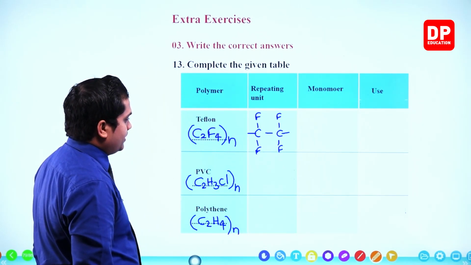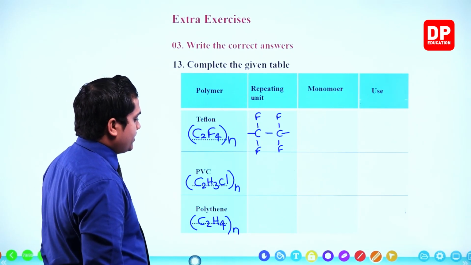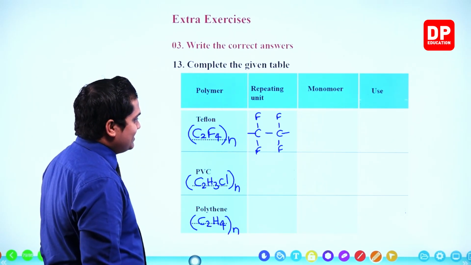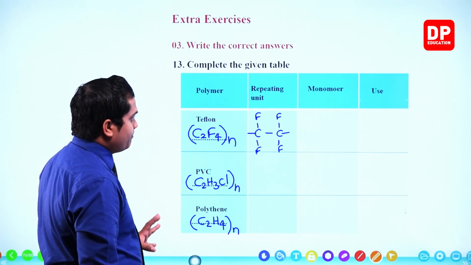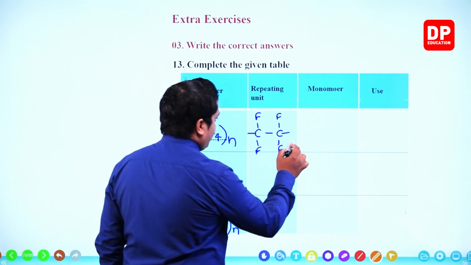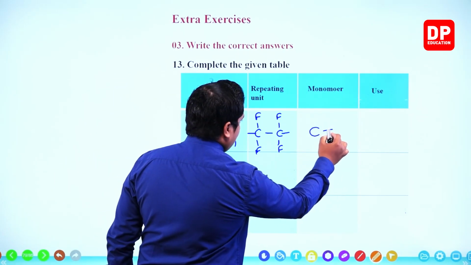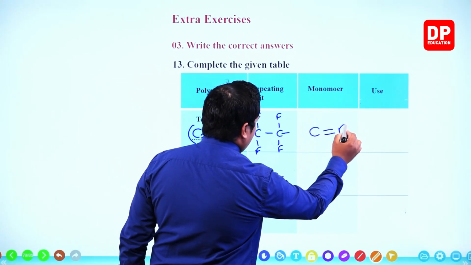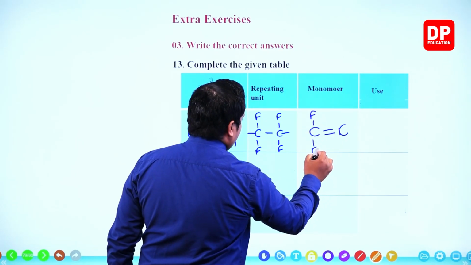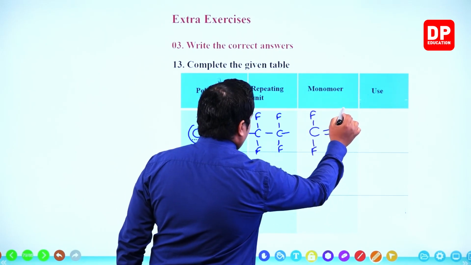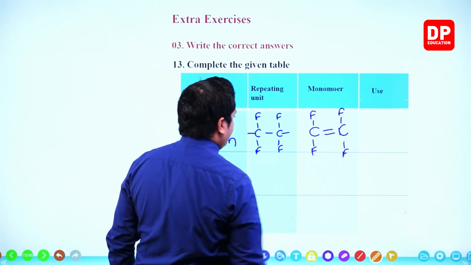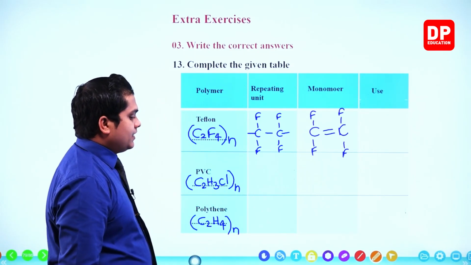Teflon. Then the monomer, right? So, monomer means, my dear children, this is the initial molecule before the breakdown of double bonds. So, here C double bond C and 4 fluorine molecules, tetrafluoroethene. Here we go.